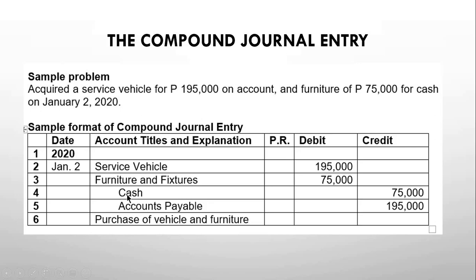So there is an exchange in asset transaction here. Ayan. So that's the compound journal entry. There are more than one debits and more than one credit. And of course, do not forget the explanation: purchase of vehicle and furniture.